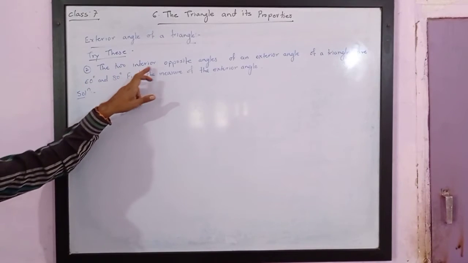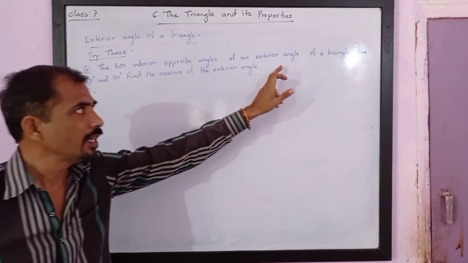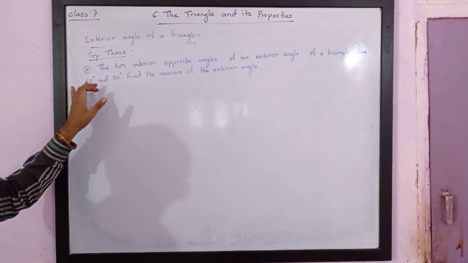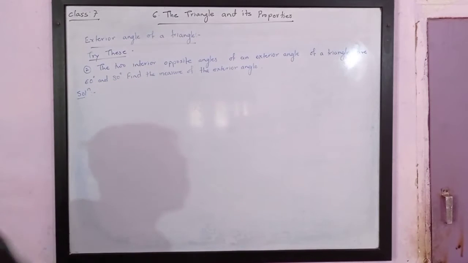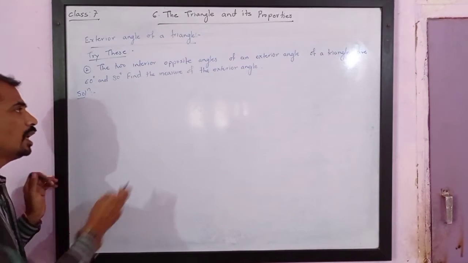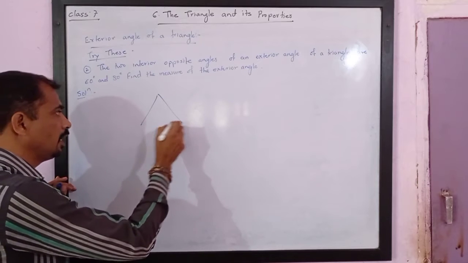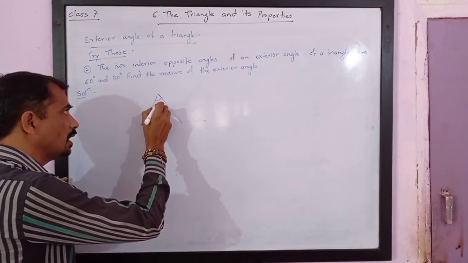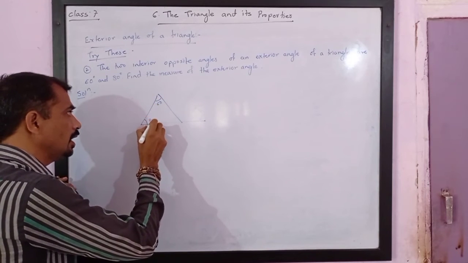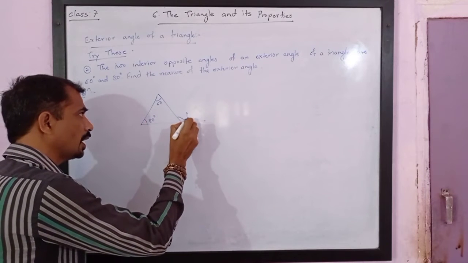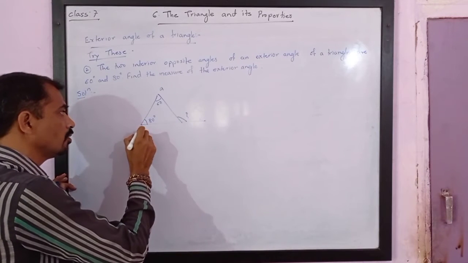The two interior opposite angles of an exterior angle of a triangle are 60 degrees and 80 degrees. Find the measure of the exterior angle. So we are given the interior opposite angles: one is 60 degrees, the other is 80 degrees, and we are asked to find the exterior angle.